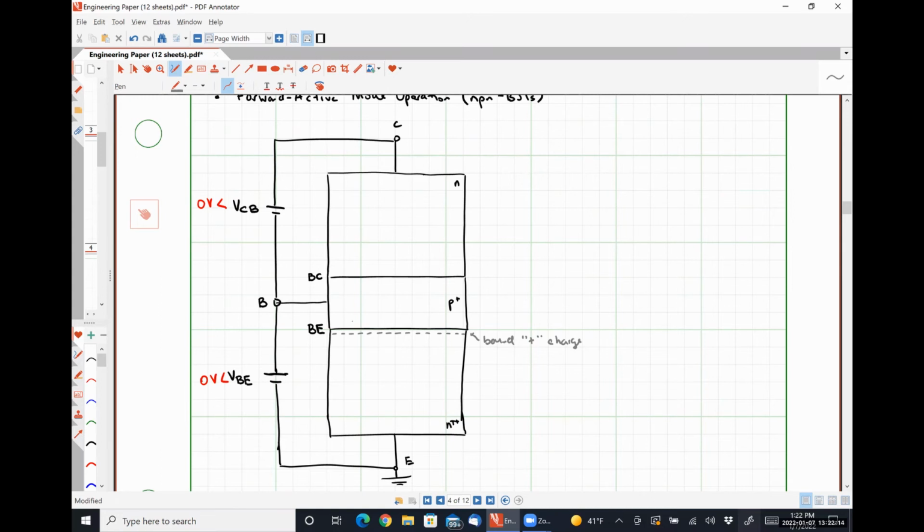And because the P side is lighter doped, the width of this region should be a little bit larger. And we have a layer of bound negative charge. All right.